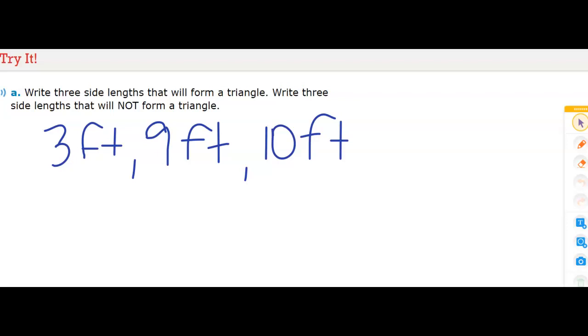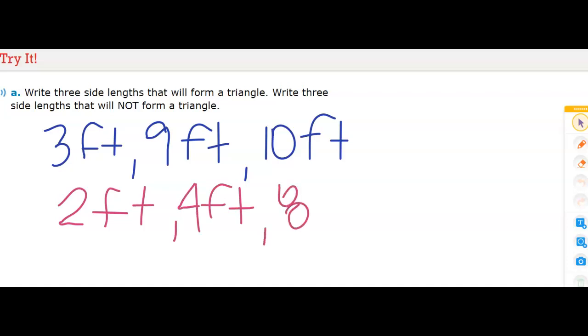For it not to make a triangle, we could do 2 feet, 2 feet, 4 feet, and 8 feet. Okay, so if we did these three, then we would not be able to form a triangle.